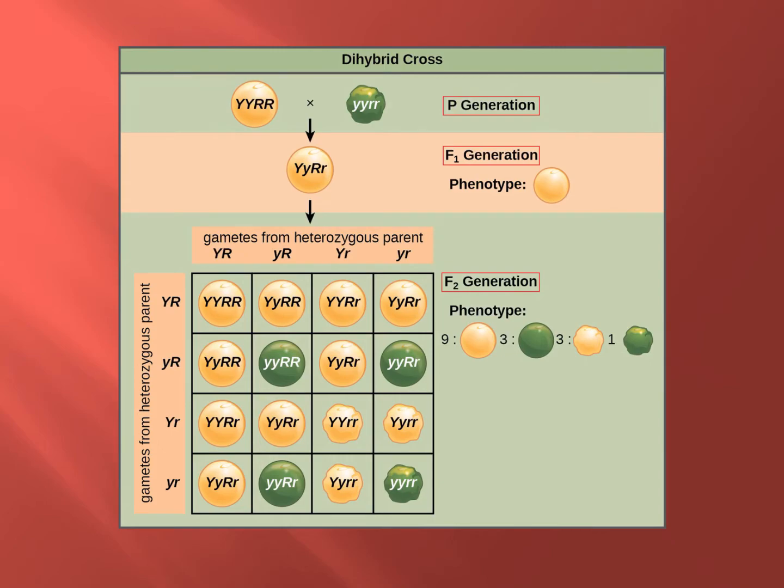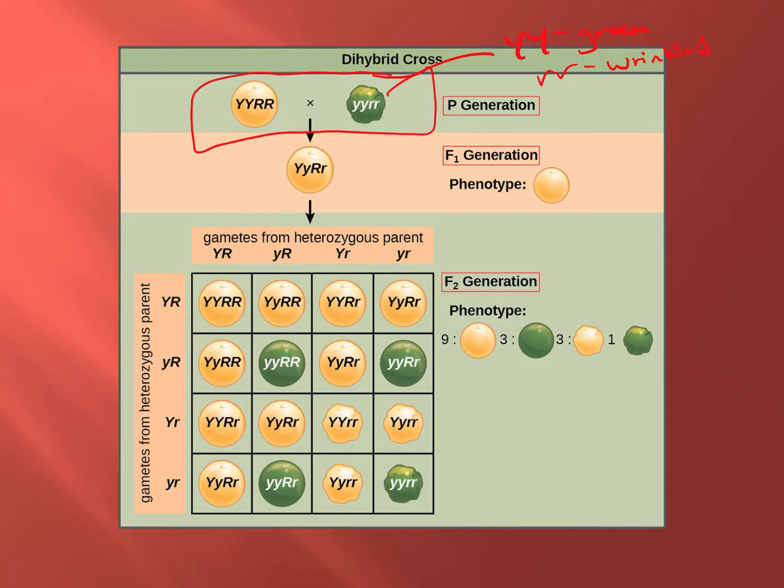Okay, so if you just look at this, there's a lot of information that this first picture gives you here at the top. So this guy, basically what it means is that in order to be green, you must be homozygous recessive, and in order to be wrinkled, you must be homozygous recessive as well.